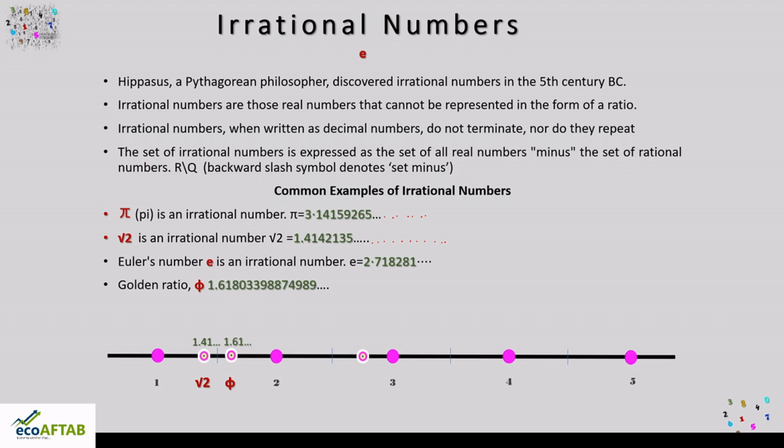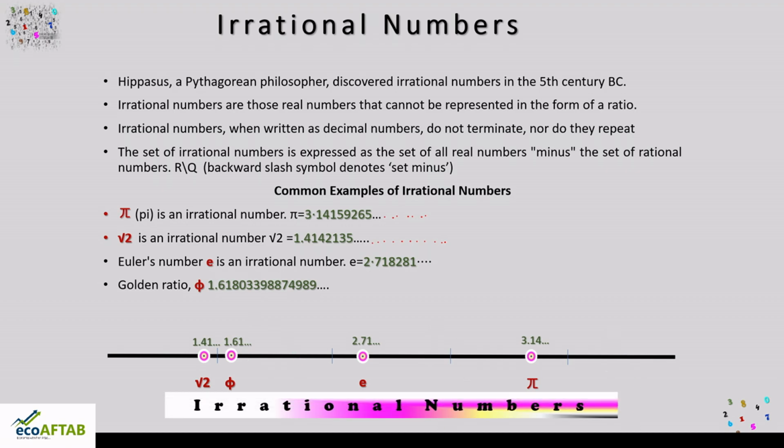Here you can see E, Euler's number, that is 2.71. This is our pi, 3.14. So these numbers, friends, which are in red, are our irrational numbers.